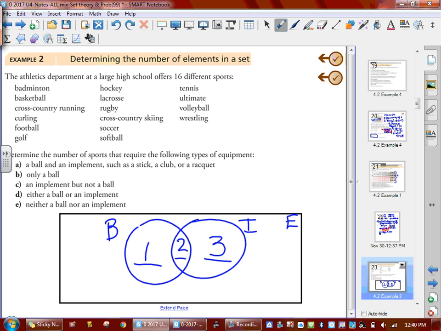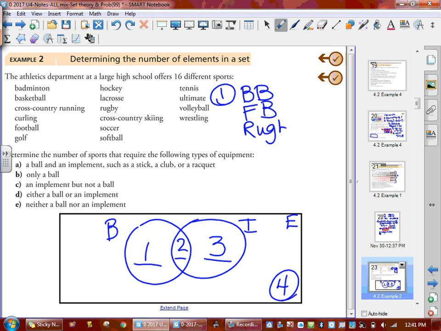So region 1 is going to have basketball, football, rugby, soccer, and volleyball. Region 2 is the overlap. The overlap is going to have 4 in them. We're going to have golf, lacrosse, softball, and tennis.